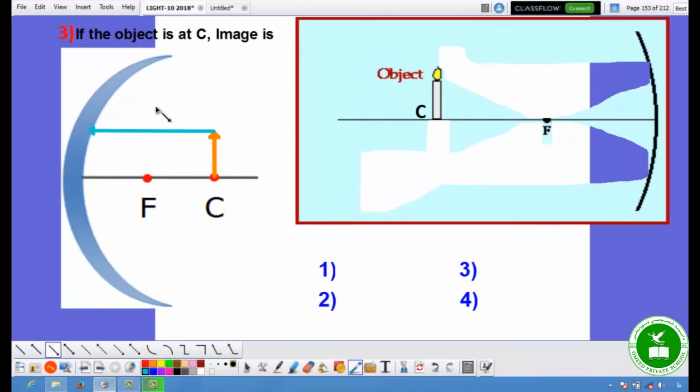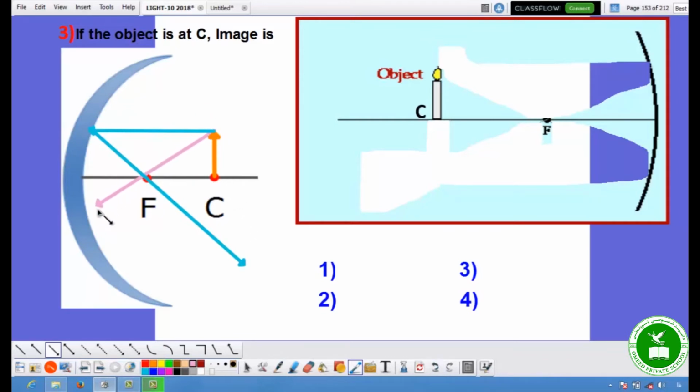You remember, it will be reflected through focus. Another special ray: if the incident ray passes through focus, how will it be reflected? Remember, it will be reflected in such a way that it will be parallel to principal axis.